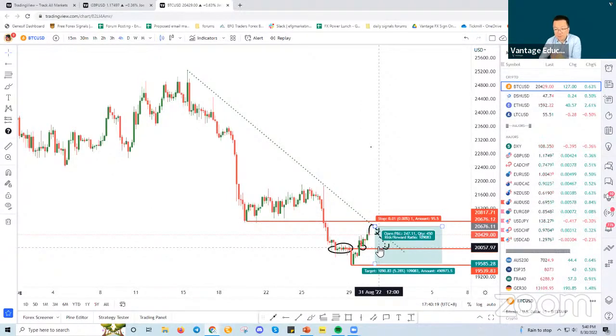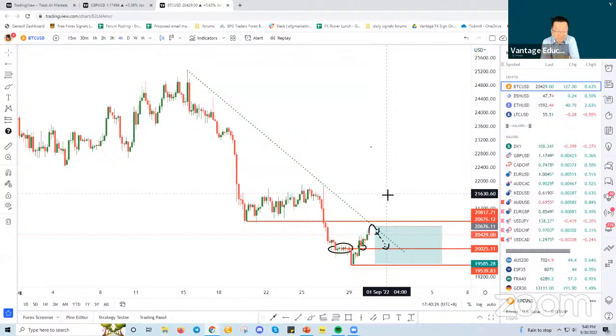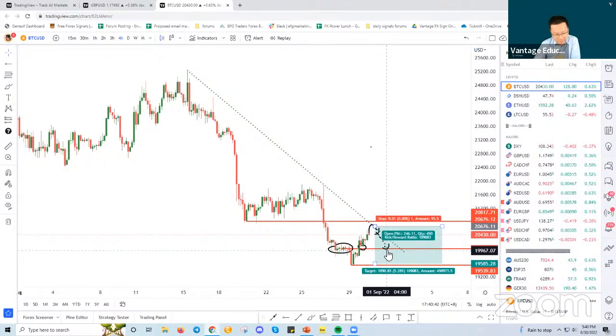Partial profits means that, let's say you entered on one standard lot to sell down, then you could be looking to close out half of the trade, just so that you minimize your risk on that trade. You've already secured some profits. If it goes lower, you've got profit on half that trade.